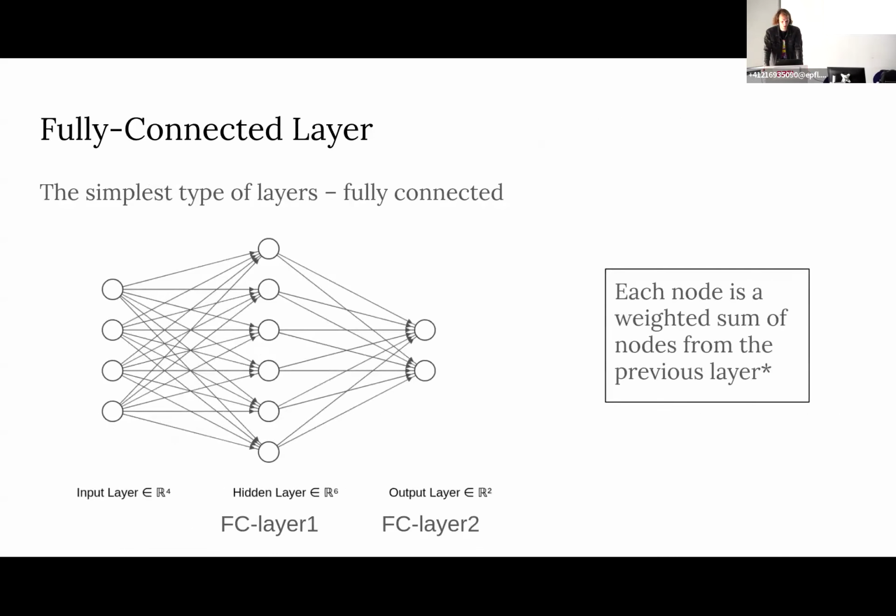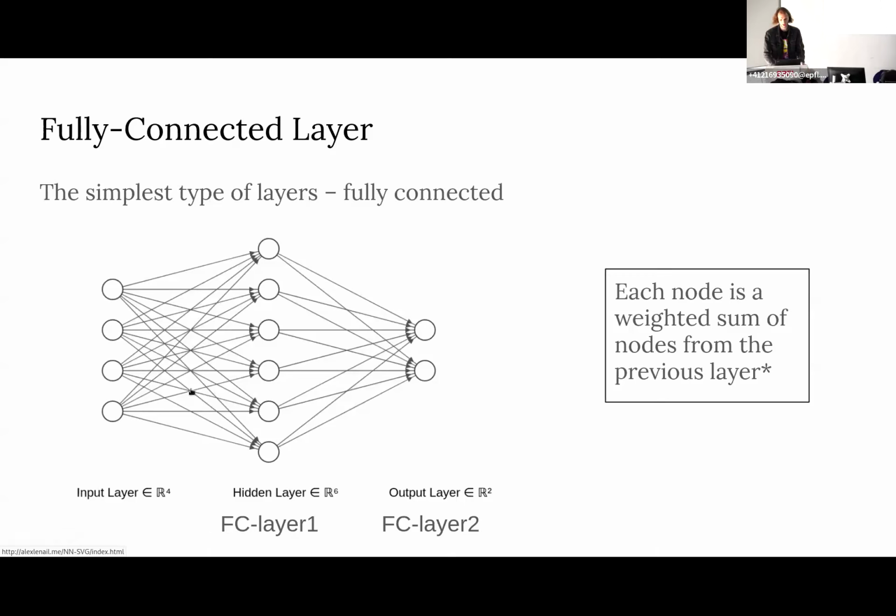So let's start with fully connected layers. This is the simplest type of layer, and it's basically a matrix-vector multiplication or a weighted sum of inputs. Let's say we have an input, which is some vector in R4, meaning that there are only 4 elements.